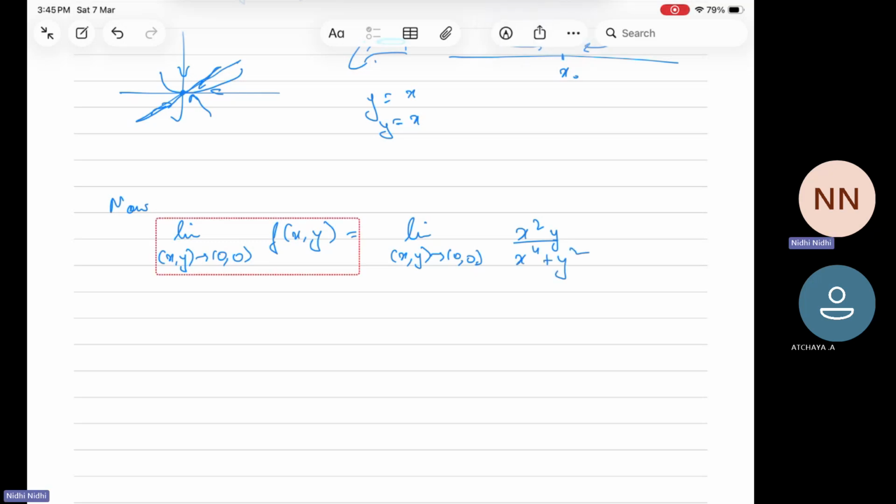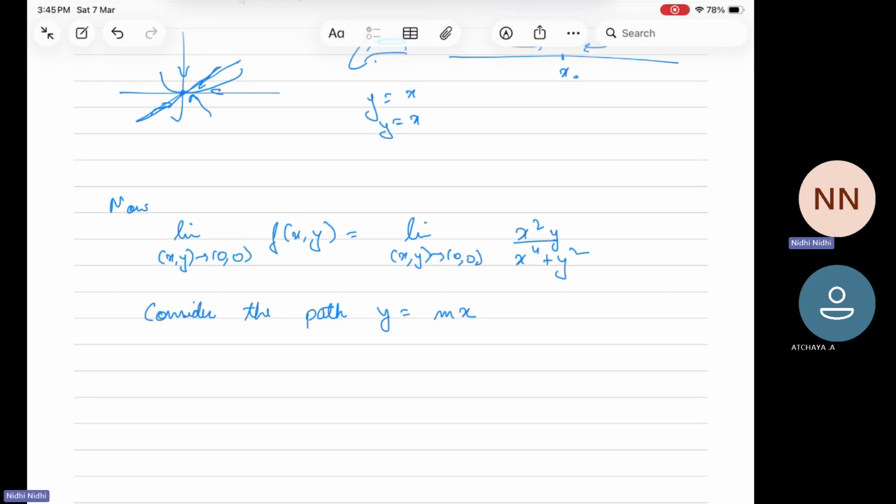If I am able to show that there exist distinct paths along which the limits are different, I'll be done. So if we consider the path y equals mx, m can be any real number.